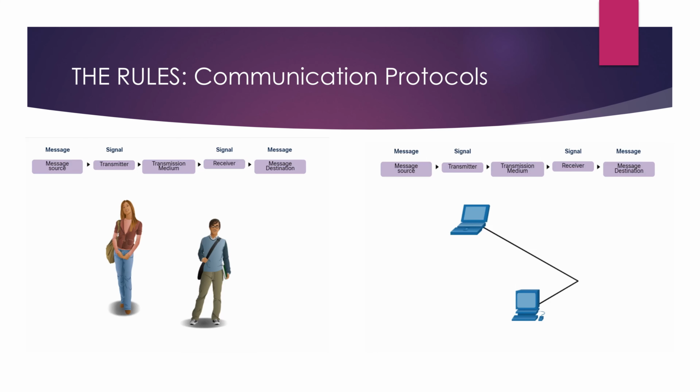In face-to-face communication, before the communication occurs, the two persons must agree on how to communicate. And if the communication is using voice, they must agree first on the language that they will use. After that, when they have a message to share, they must be able to format the message in a way that is understandable by both of them.